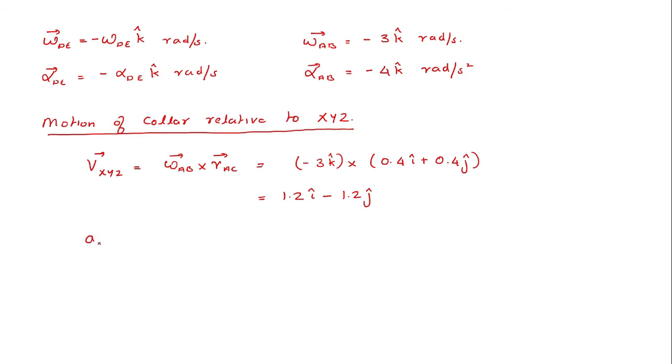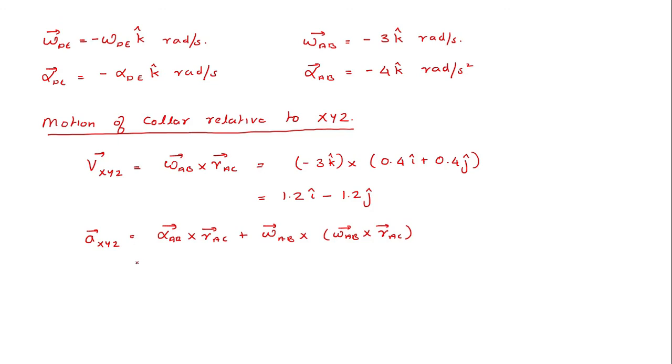Now I can obtain the acceleration with respect to the fixed frame XYZ. As you already know, since it is a case of pure rotation, you can write the acceleration vector as alpha AB cross RAC plus omega AB cross omega AB cross RAC vector. This equation we had already studied in the case of pure rotation in lecture 19.